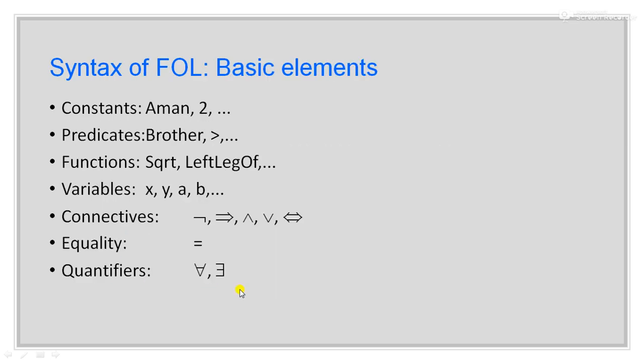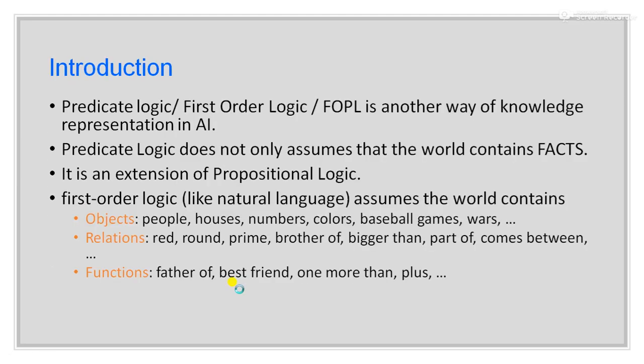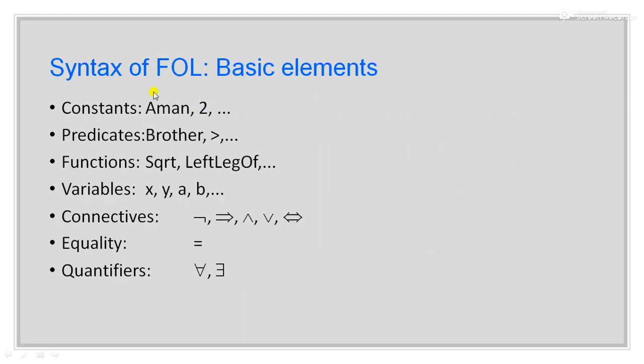Now, the syntax of first order logic, that is, the basic elements. First is constants, that is, the name of a person or any constant like 2, 3, 4. Second is predicates like brother or some relation like greater than. Then functions like square root or left leg of any person.